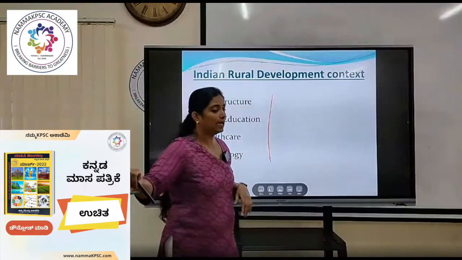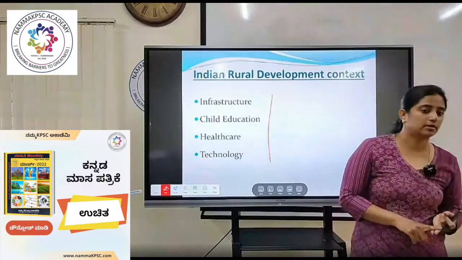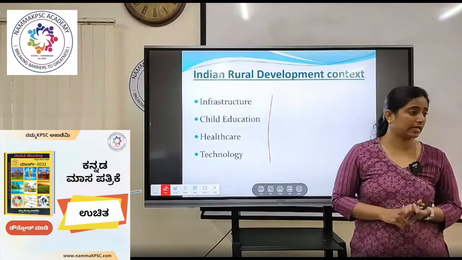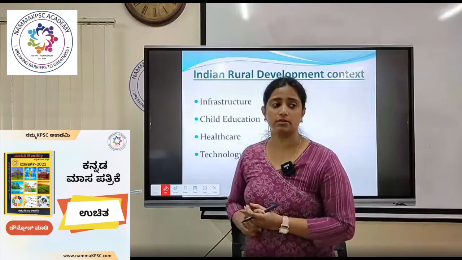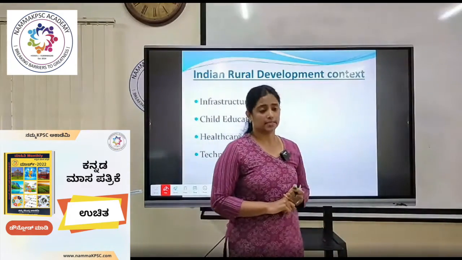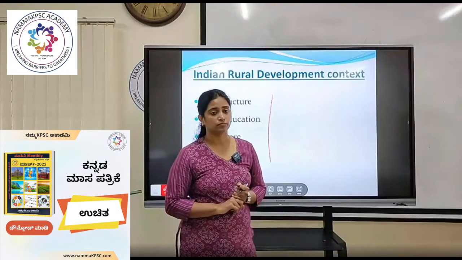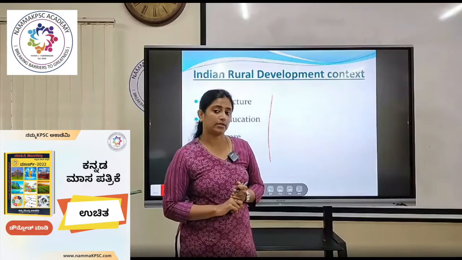Then comes health care. Health care is from child to maternal to total health. Sex ratios will have to be taken care of. Right or not? Surprisingly, in the 2011 census, the sex ratio of Karnataka was poorer than Andhra Pradesh and Tamil Nadu. Do you know this? We call ourselves better, our budget allocation is way higher than Andhra Pradesh.